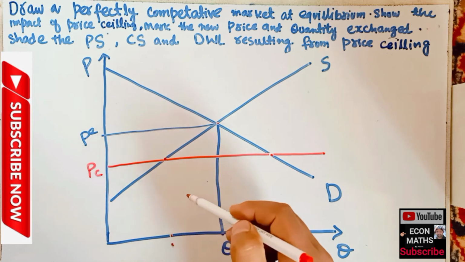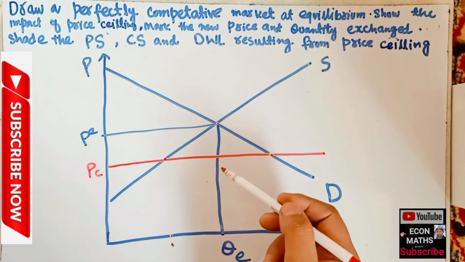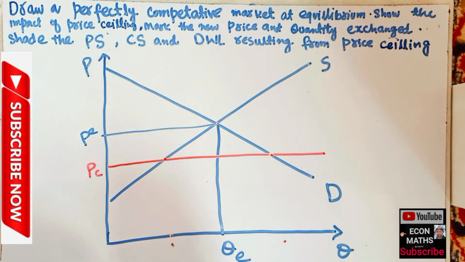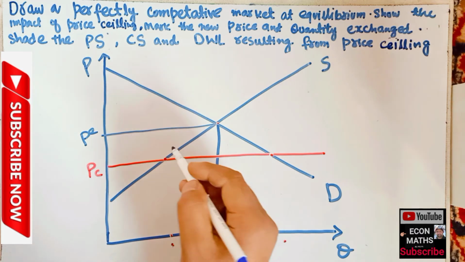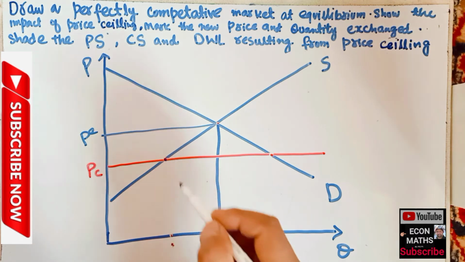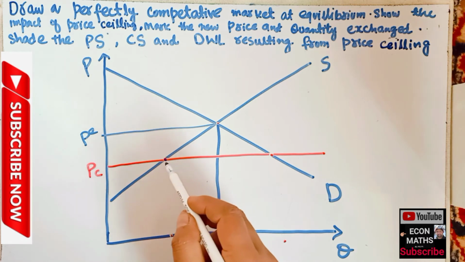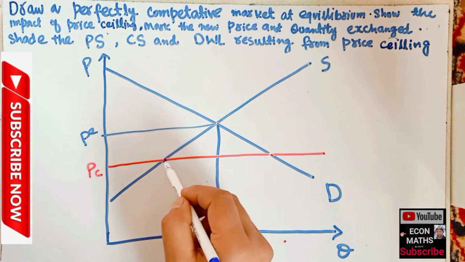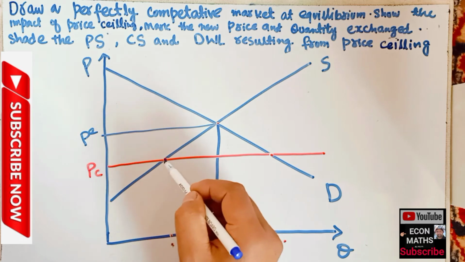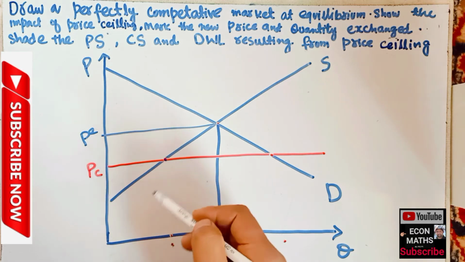In case of a price ceiling, this creates the shortage, but the quantity sold will be lower. That is, quantity is only sold up to this point, where this is the effective price, which is binding for all the people here.